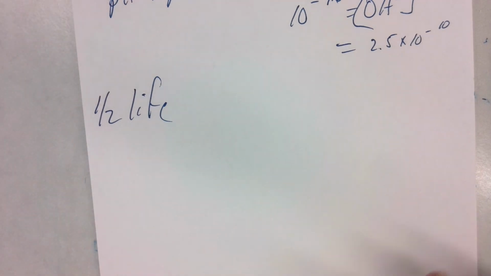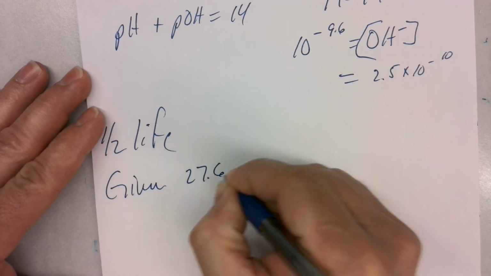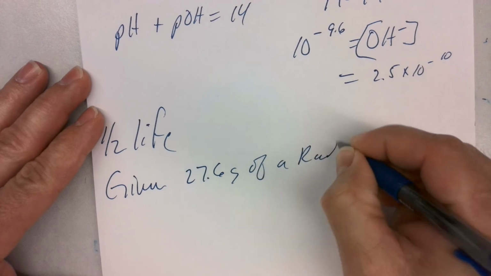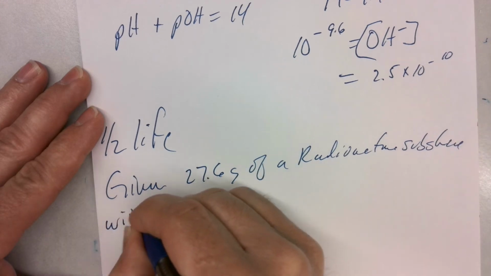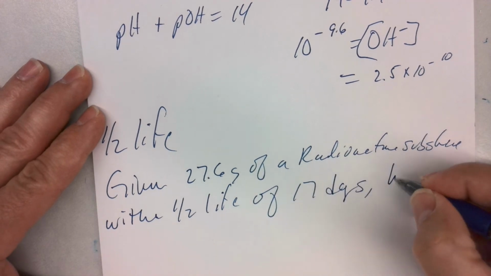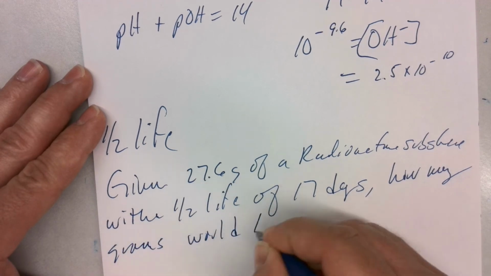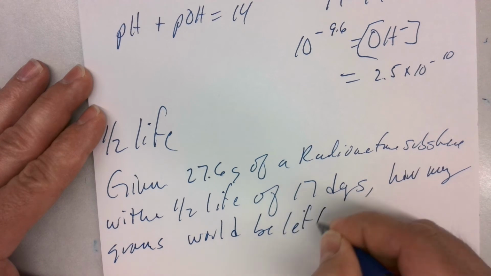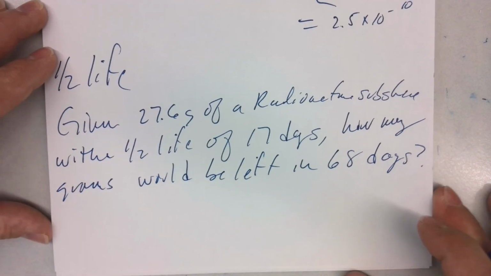So if I said, let's see, given 27.6 grams of a radioactive substance with a half-life of 17 days, how many grams would be left in 68 days? Something like that. Anybody remember how to do that?